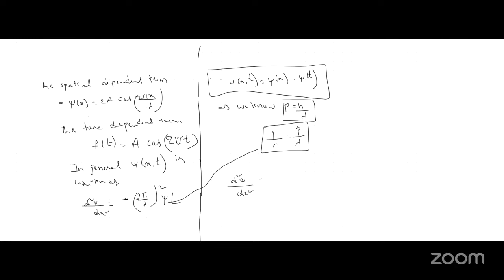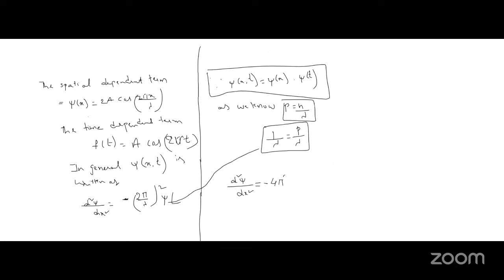Dou square psi by dou x square is equal to minus 4 pi square by lambda square psi.